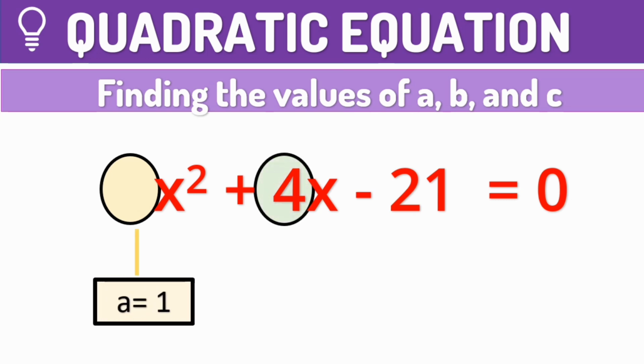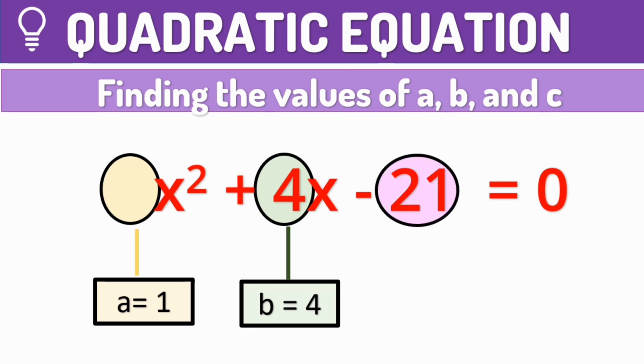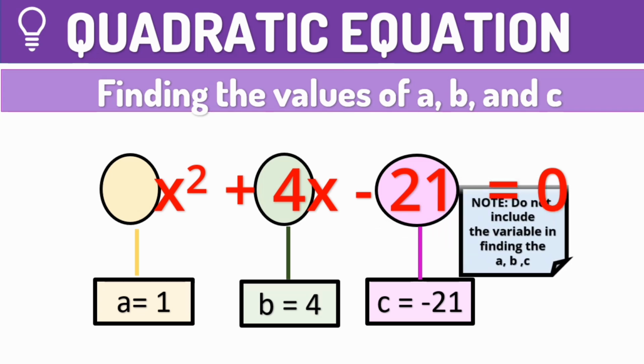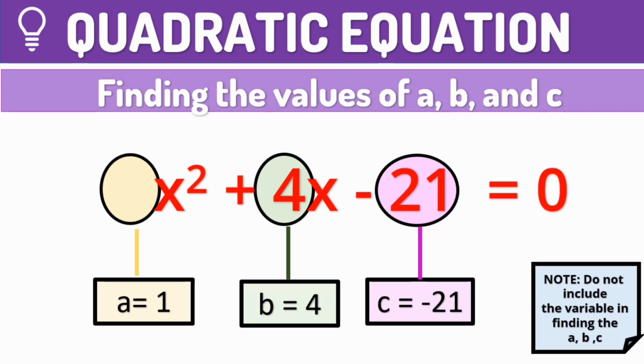B is equal to 4. And c, the constant term, is negative 21. Okay, we will include the negative here. Again, do not include the variable in finding the values of a, b, and c.